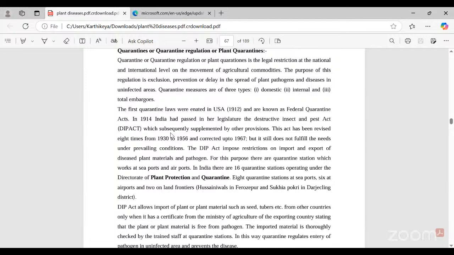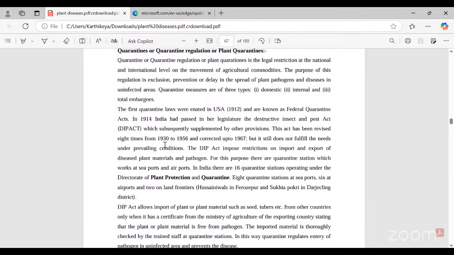The first quarantine law was enacted in the USA in 1912 and is known as the Federal Quarantine Act. In 1914, India passed the Destructive Insects and Pests Act, DIP Act, which was subsequently supplemented by other provisions.